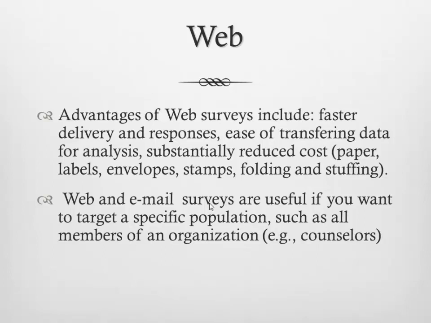So it's already entered, or it's easier to enter just transferring electronic data than transferring data from paper into the electronic form, and it's cheaper. Web and email surveys are useful if you want to target a specific population, such as all the vocational rehabilitation counselors in your state. Then frequently there will be things like listservs or other sorts of lists that you can use to target and only reach the people that you are trying to reach.